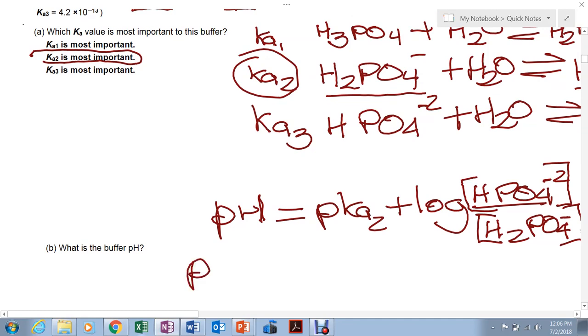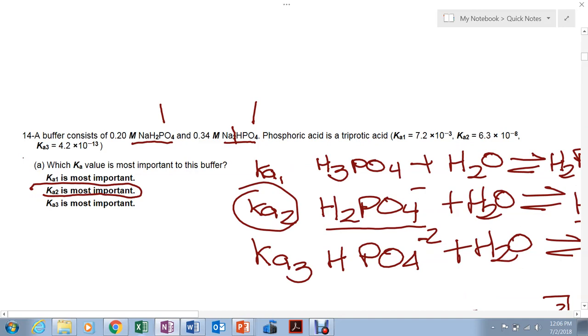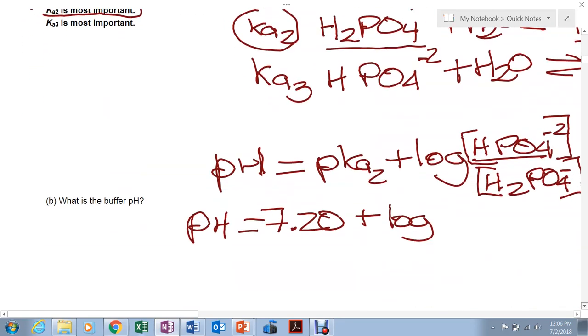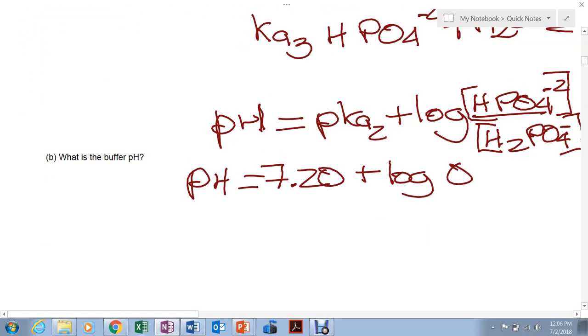So the pH would be, okay, the Ka2 gave me the pKa 7.20, plus the log of, on top goes 0.34 divided by the acid 0.20.